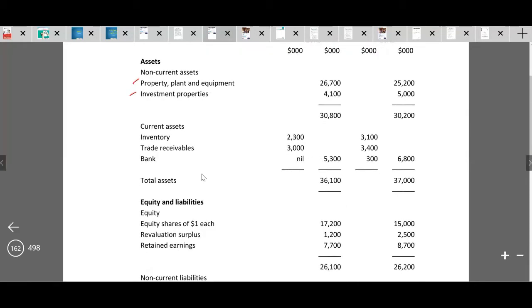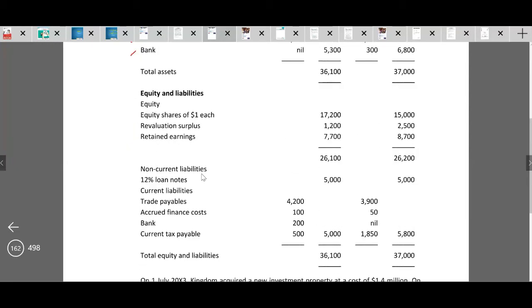Inventory goes from 3,100 to 2,300, trade receivables from 3,400 to 3,000, and the bank, which was 300, is nil this year. Then you have the equity shares, which are increasing from 15,000 to 17,200.